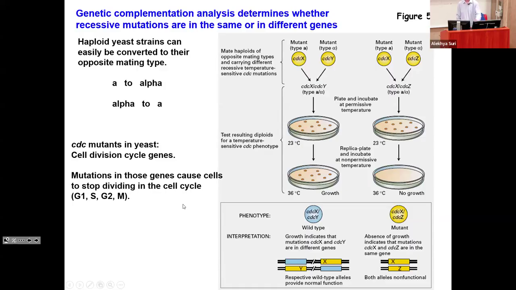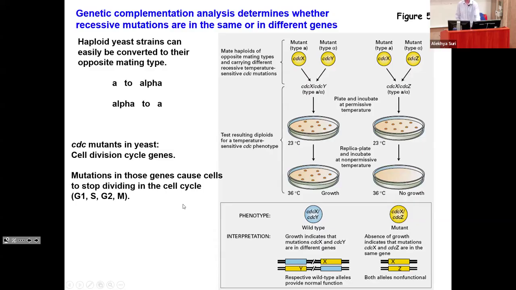A different situation is on the right side, where you do the same: cross the strains and get a diploid strain at room temperature. But when you plate those cells at high temperature, none would grow.